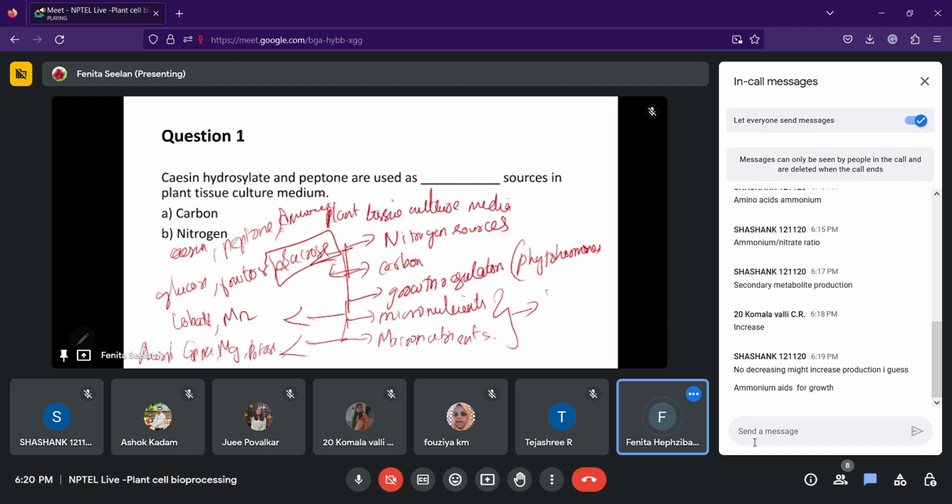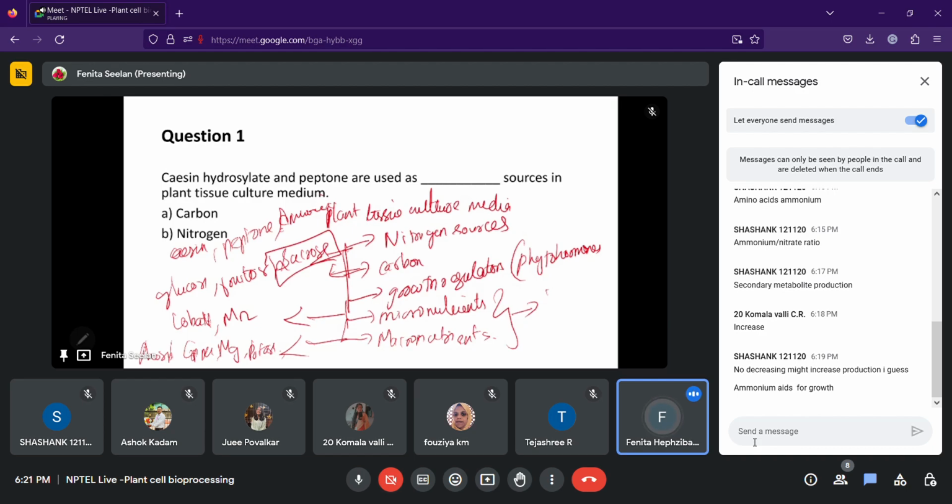So I will give you a clue. If you increase the ammonium to nitrate ratio, there will be a decrease in the growth of plant cells. So you guys tell me whether we have to increase or decrease it for getting higher secondary metabolite production. If you increase the ratio of ammonium to nitrate in the nutrient media, it will cause a decrease in growth.